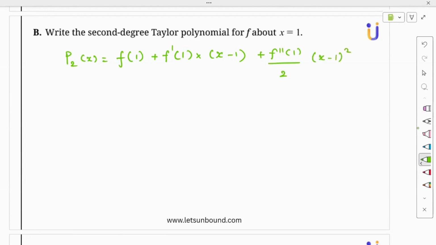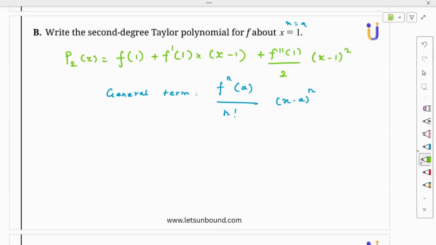So it will go f triple prime of 1 by 3 factorial, x minus 1 the whole cube. So actually there is a general term. How do I write this? We have a general term for generating this Taylor series, which is f nth derivative of a, where x is equal to a. N means the first term, no differentiation, 0. 0 differentiation means what? Just the function. Over n factorial, x minus a whole power n.